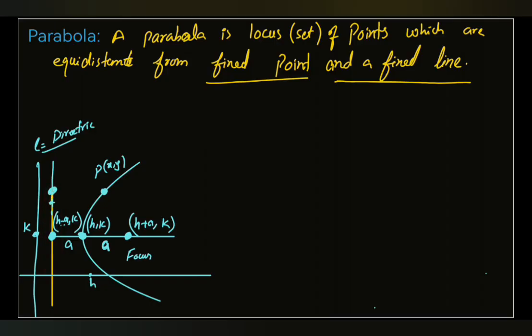We represent this point on the directrix line as M. The coordinates of M give the value along the x-axis and along the y-axis. Along the x-axis the value remains the same, h minus a, and along the y-axis the value keeps changing, so we don't know it exactly and take it as y.